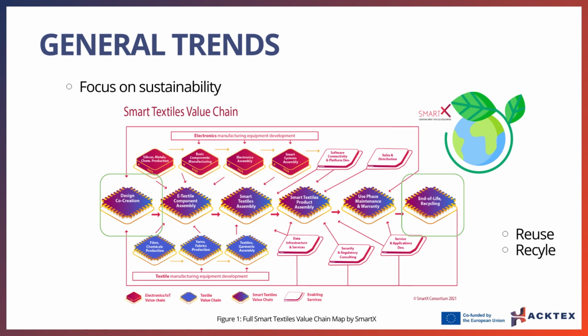As you can see, the smart textiles design takes into account the whole life of the product, previewing what process the smart textile will follow once its life has come to an end, avoiding it being treated as a waste.